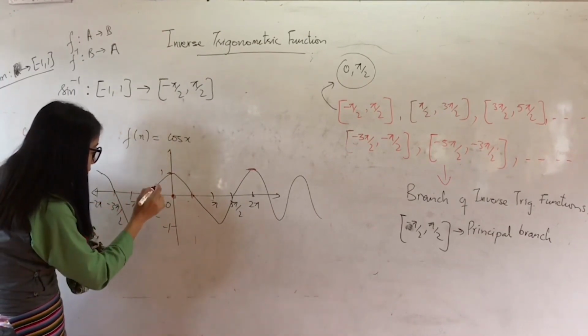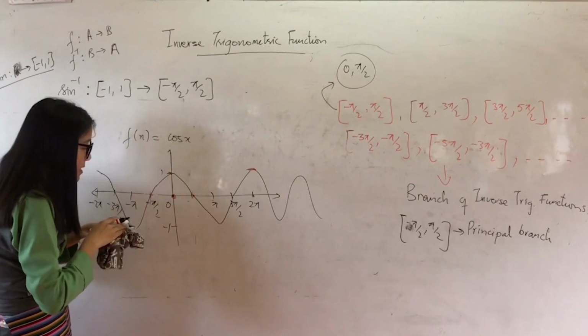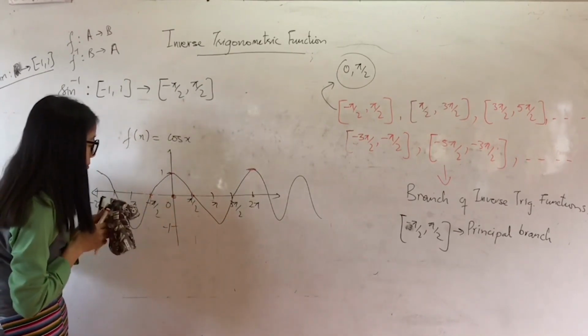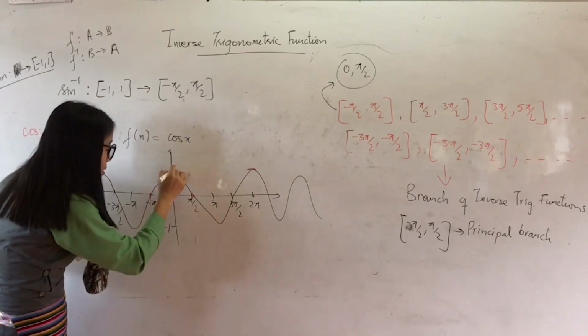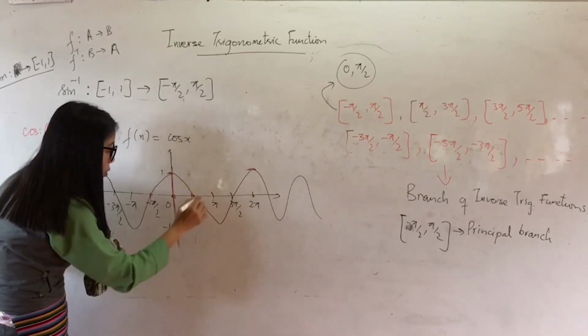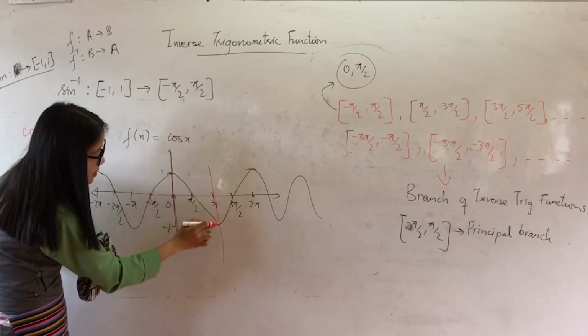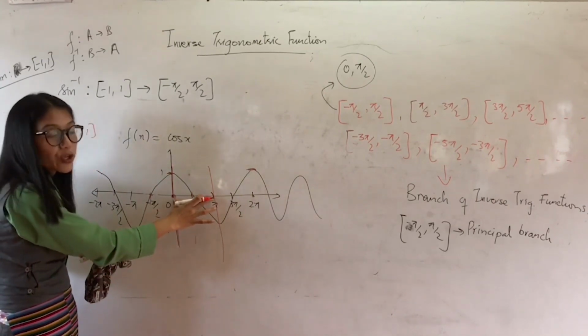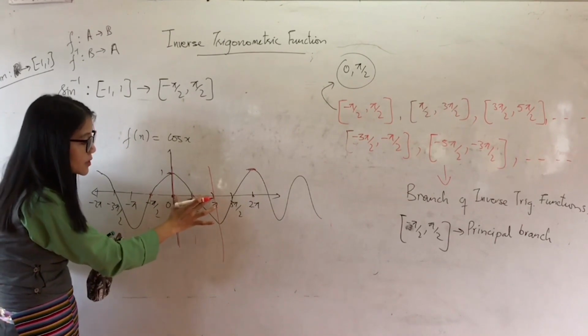I will take 0 to pi. You can see that? Within this interval 0 to pi, cos is invertible.